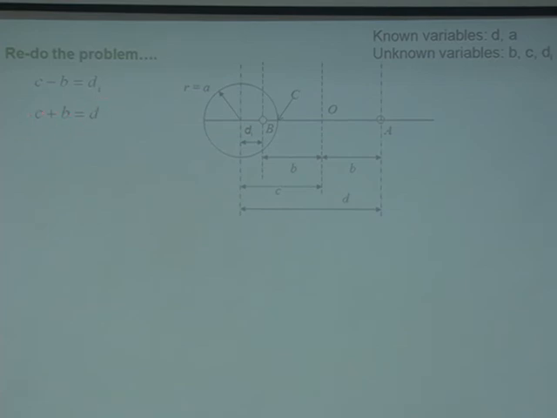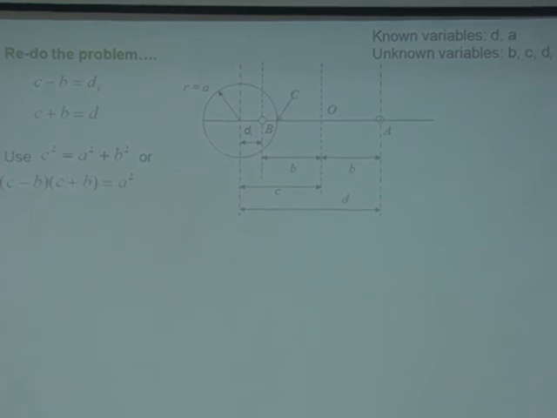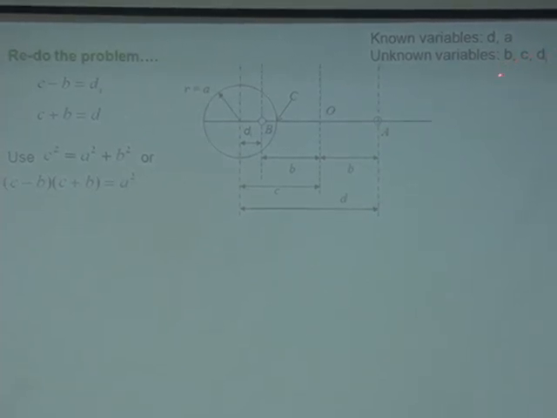So you have two equations. You still need one more equation, and that one more equation is C squared equals A squared plus B squared. Okay, there's a fixed relationship between A, B, C. With these three equations, definitely you can solve the three unknown variables.